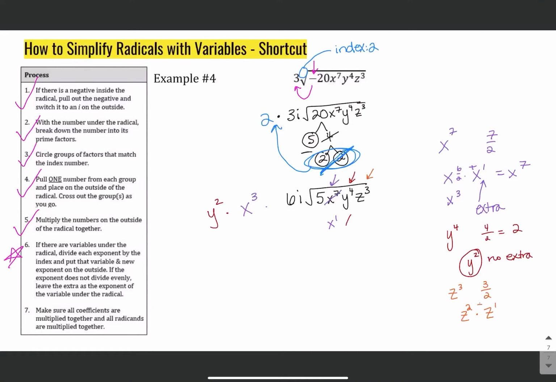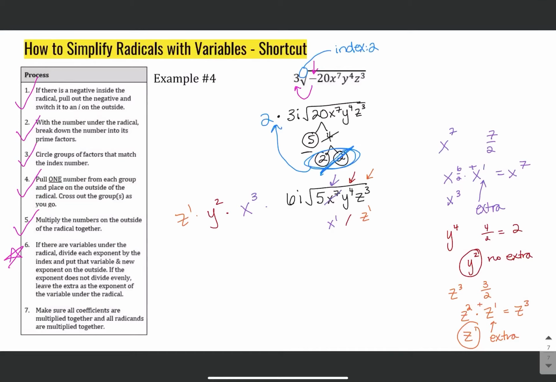Because if I added my exponents, that would be z to the 3rd. And I know that if I divided 3 divided by 2, there would be one time that they divided evenly. And then there would be an extra here. So on the outside would be z to the 1st. And then the extra would be z to the 1st, because that's the part that did not divide evenly.